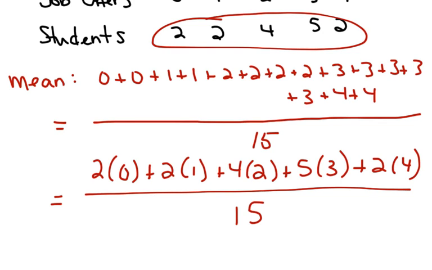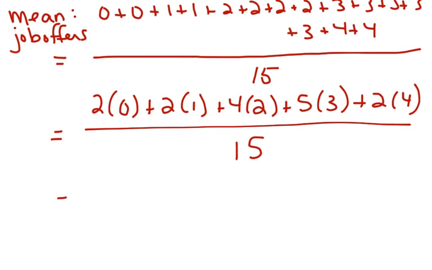They were very specific in this problem that they wanted you to find the mean of the job offers. If I add all those numbers together, I'm going to find out that it's 33 job offers divided by the 15 students. That tells me it's about 2.2. So the average per student is 2.2 job offers, even though not everybody got 2 job offers.